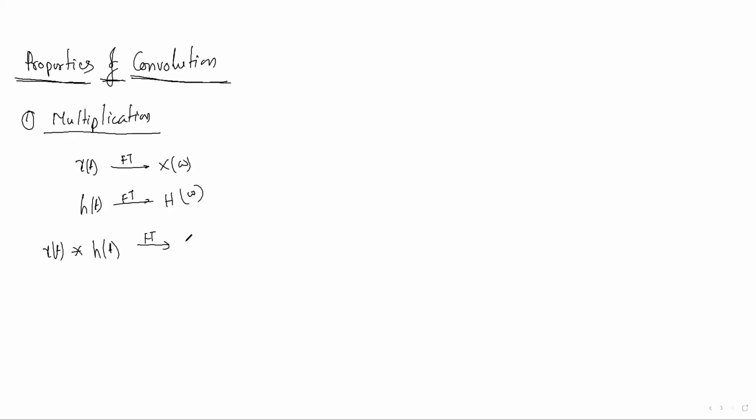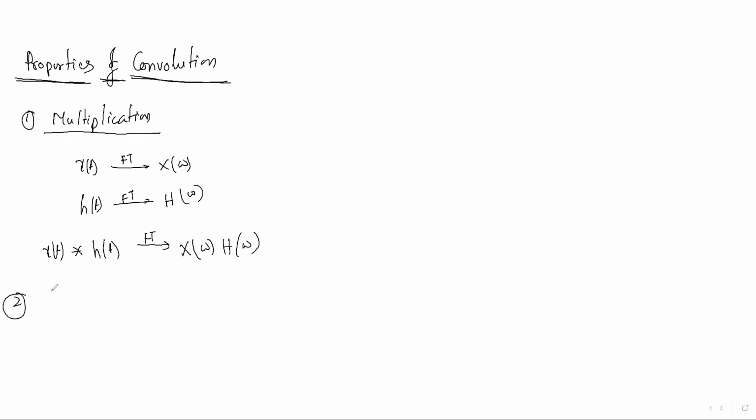In the frequency domain, we just have to take the multiplication of these two signals, X(omega) multiplied by H(omega). This is one property which is often used to solve problems. This is a very important property. If we take the convolution in the time domain, in the frequency domain those signals get multiplied.